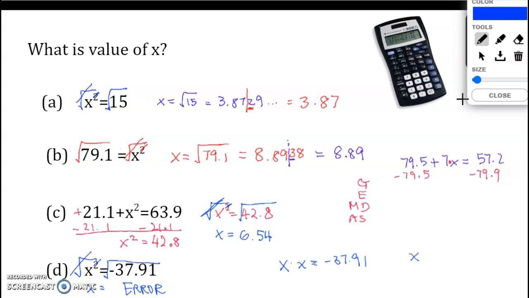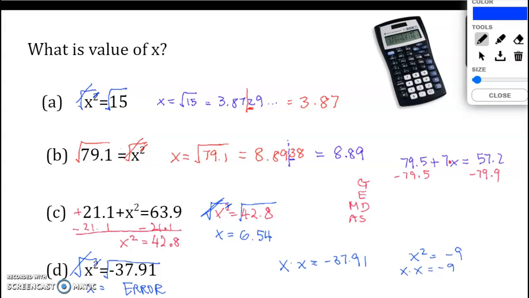If I have the square root of negative 9, I am looking for x times x equal to negative 9. What do you think the x could be?